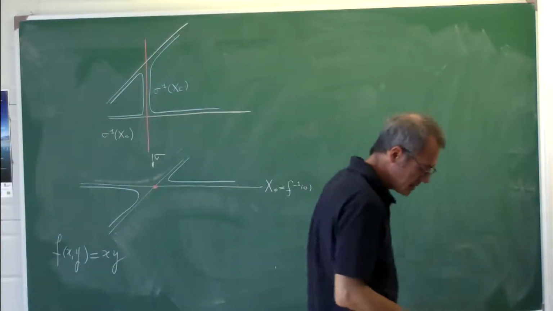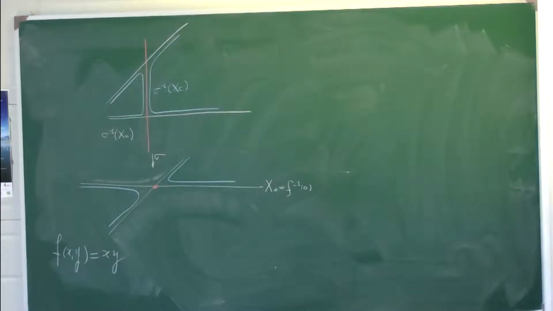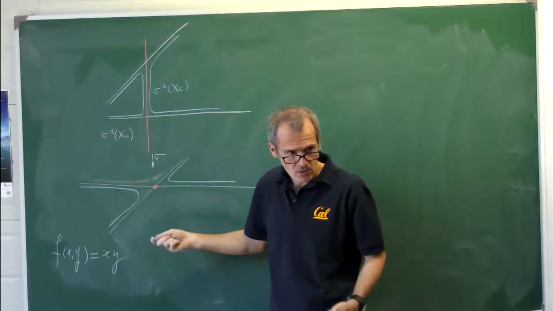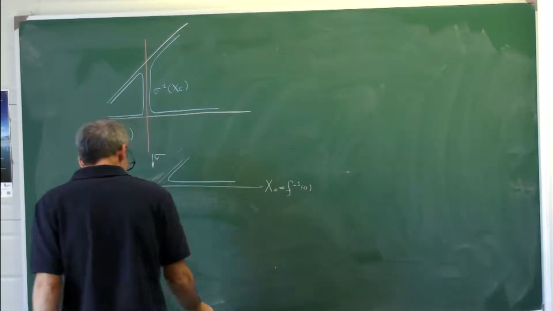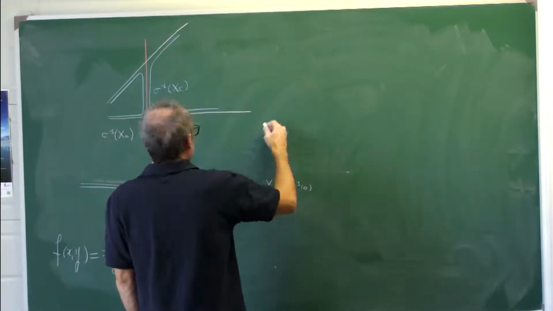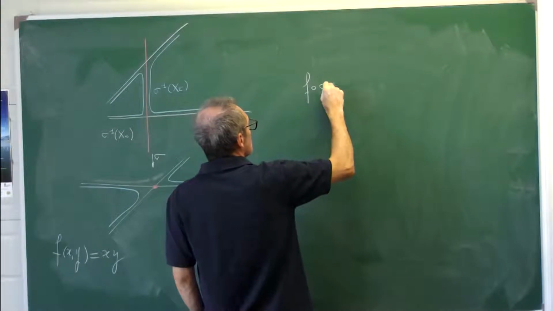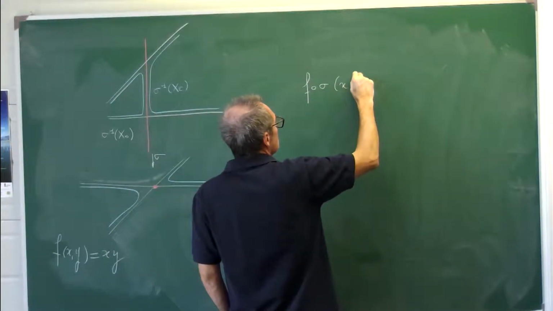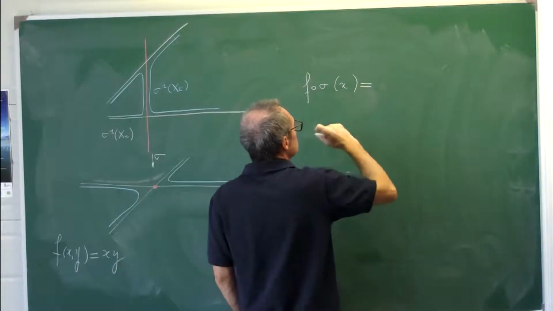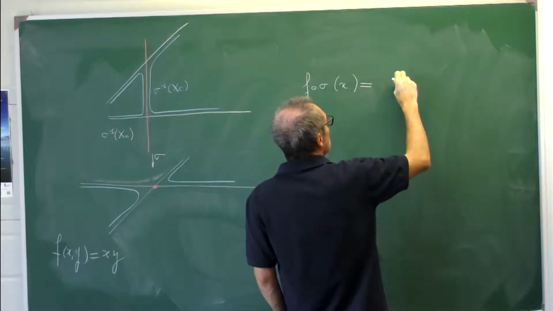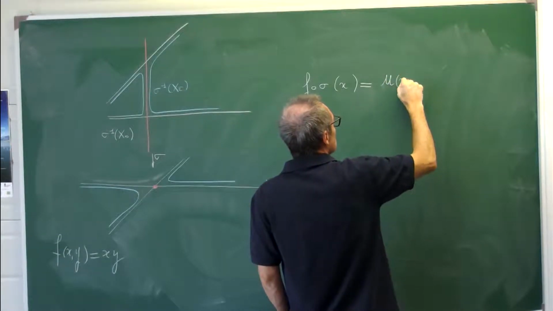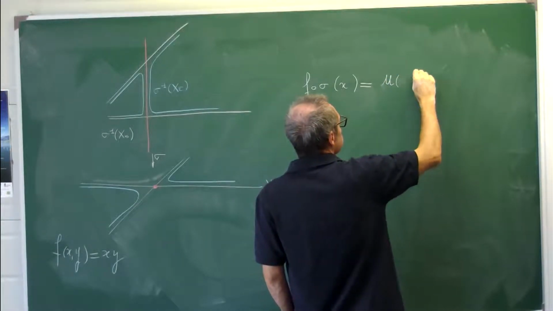So what I claim is that it's much more convenient to understand this than this. Why? Because everything is normal crossing. It means that I am in this situation along some components.